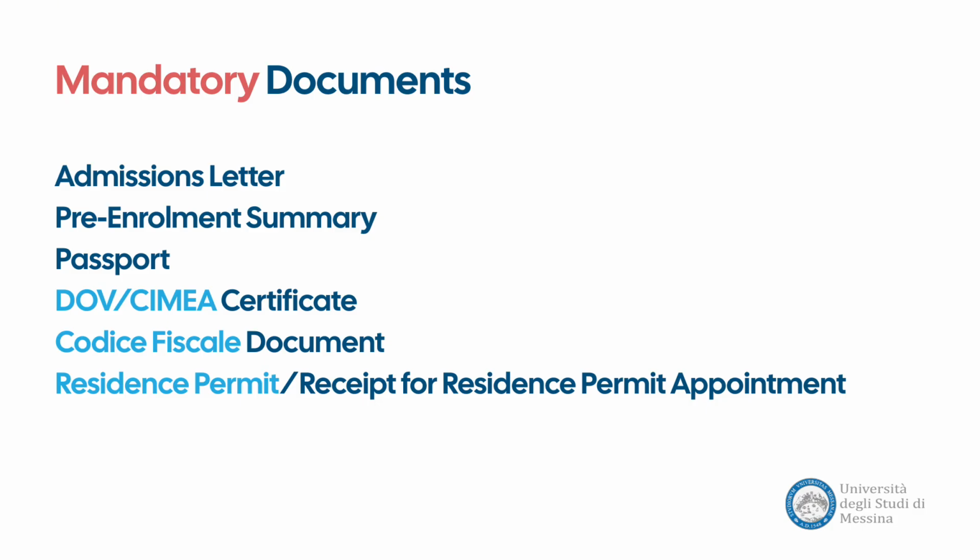Your admissions letter, your pre-enrollment summary, which you can obtain from your University portal, a valid passport, a declaration of value document or CIMIA certificate, your codice fiscale or fiscal code document, a copy of your residence permit, or the receipt for the appointment for your residence permit.